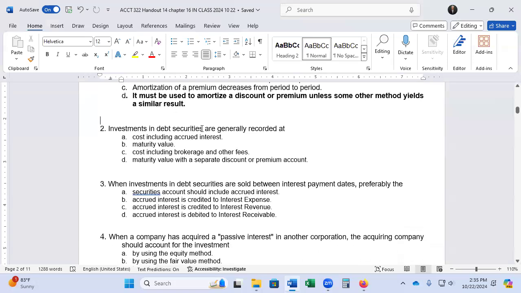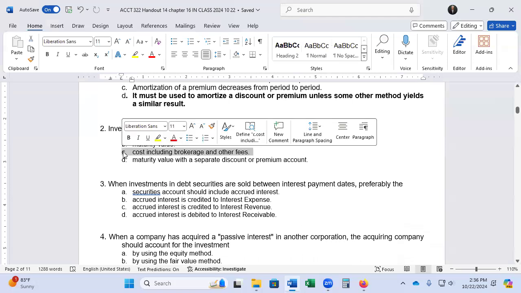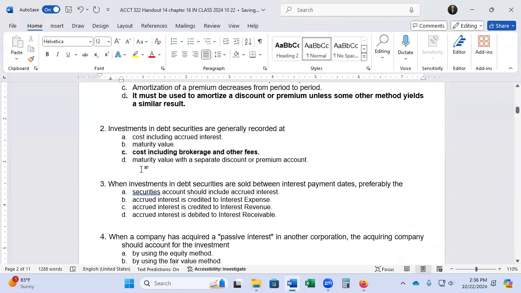Number two, investment in debt securities are generally recorded at cost, including brokerage and other fees. Now we'll find out after we go through it and we talk about these kind of rules that if companies want to, they can use fair value. It's just for right now, most of them don't fair value all of their assets.